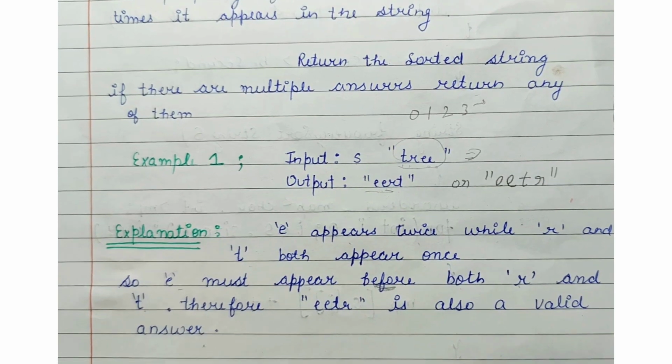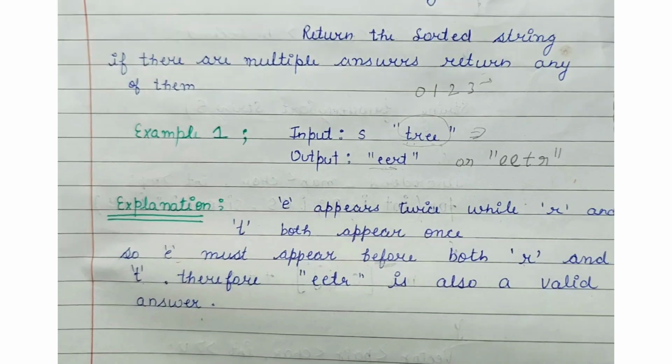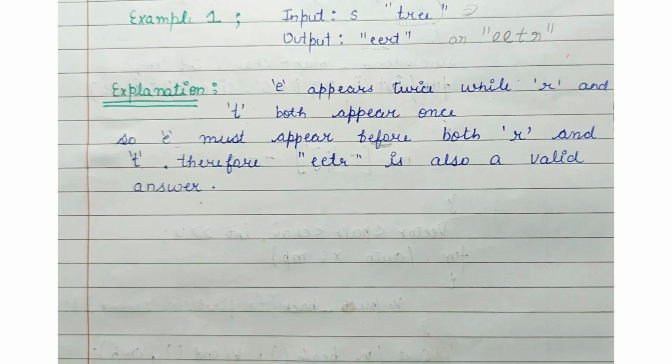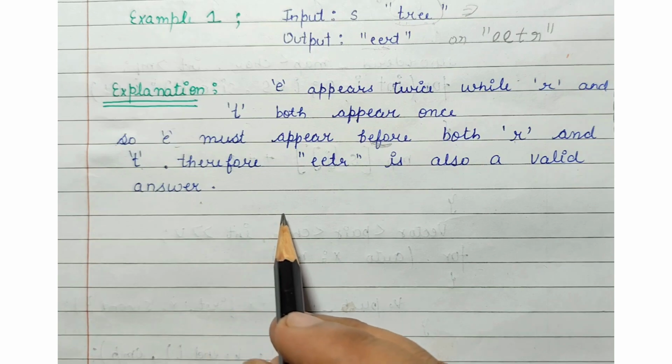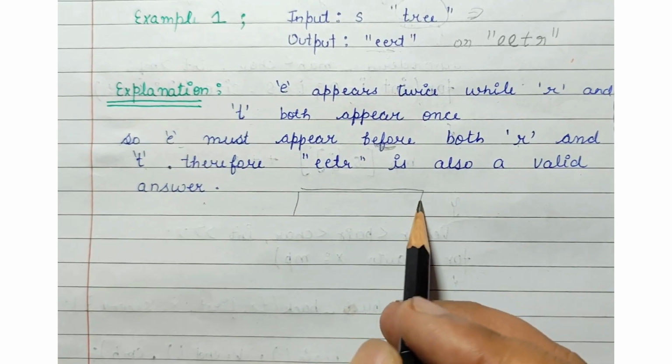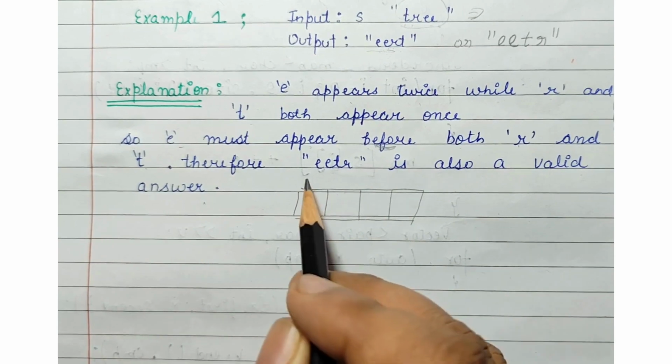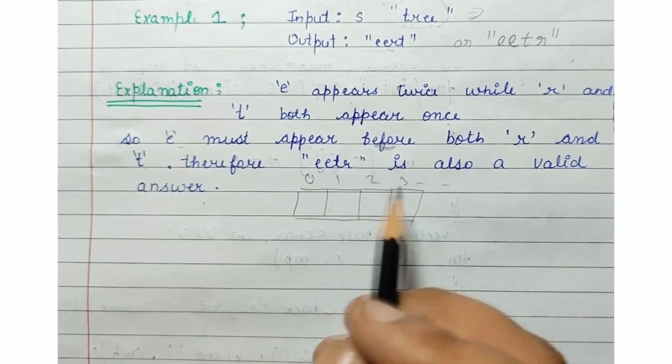So now we discuss the method to solve this problem. We can solve this problem using an array, but the problem is that in arrays we can store only a single value. Suppose you create an array with indices 0, 1, 2, 3 and so on.